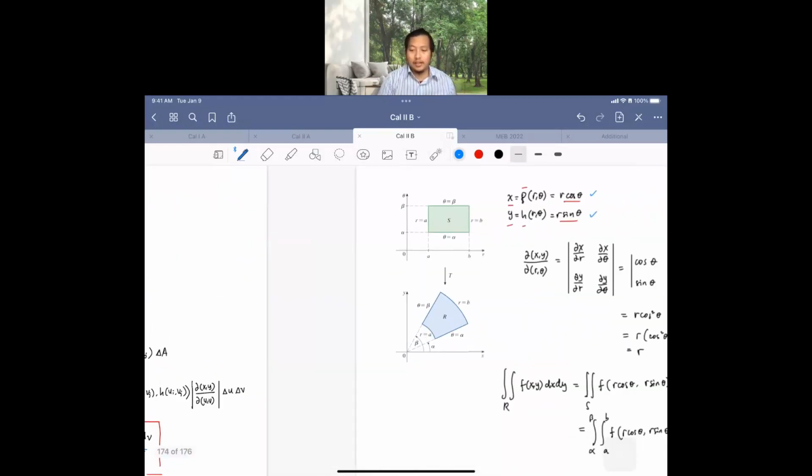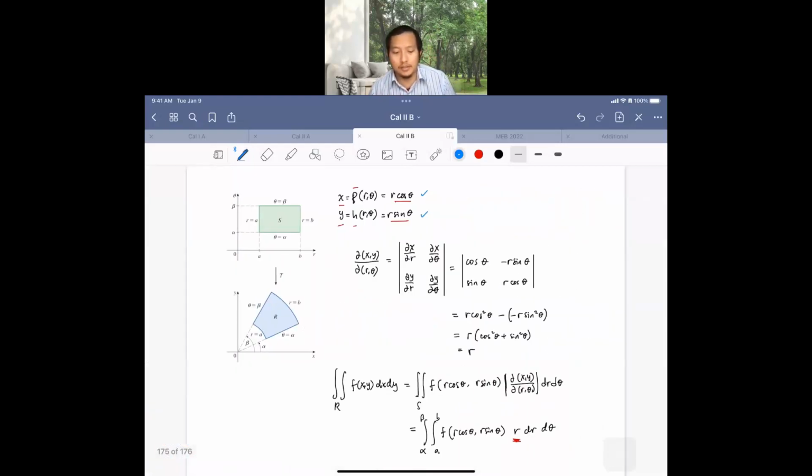Okay, and then we can have some explanations on the polar. The r that we usually have in our polar conversion, we can also prove and make out this r through the Jacobian transformation. So the Jacobian for xy converting to r theta will be equal to r.